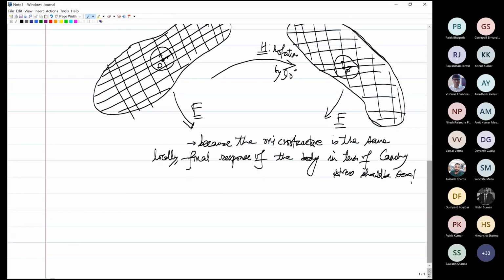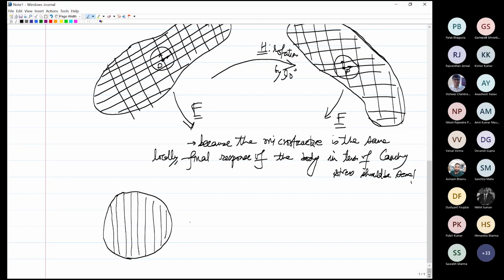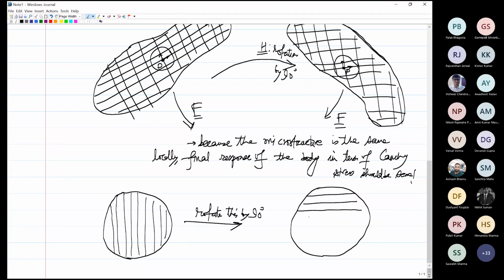Let me make this more clear. So suppose you have a body which is actually in the form of a circle, okay? And it has just one family of fibers. You rotate this by 90 degrees. Then the disc-like body will occupy the same region, okay?